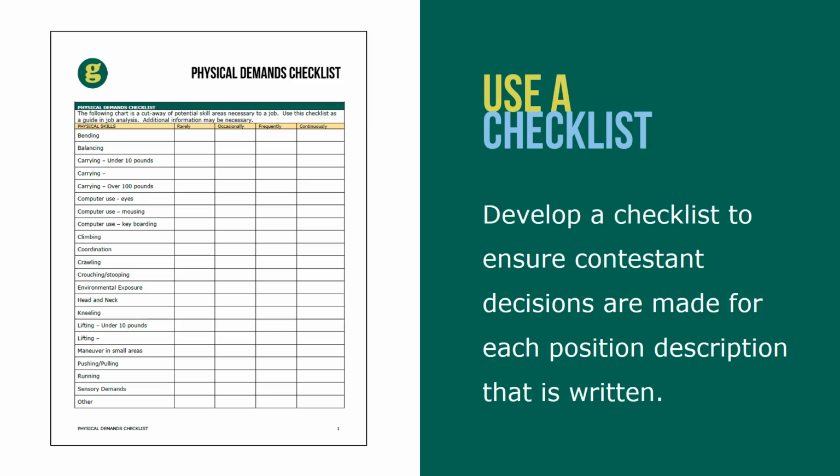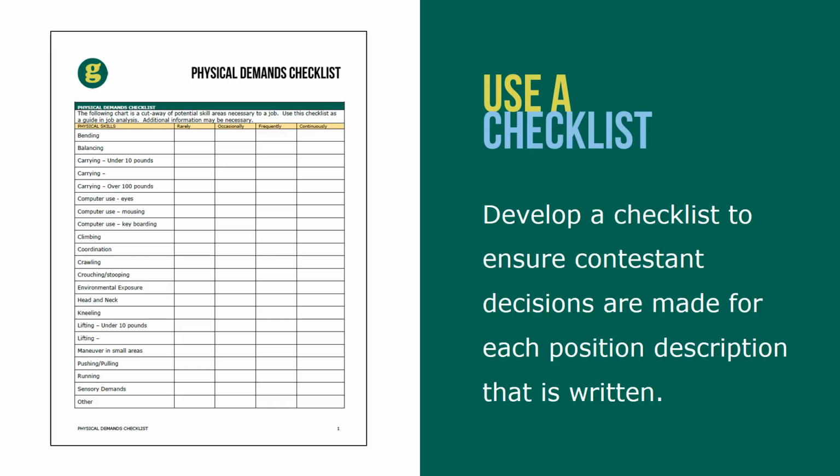Here's another great opportunity to use a checklist. Physical skills can again be described using a variety of terms, so a checklist will make it easy for you to just check off those skills. This standardized list ensures that the terms have the same meaning across job descriptions. As you check off physical skills that apply to a particular position, your checklist should also identify the degree to which the applicable skill applies.